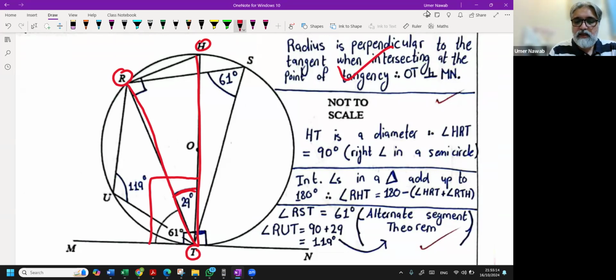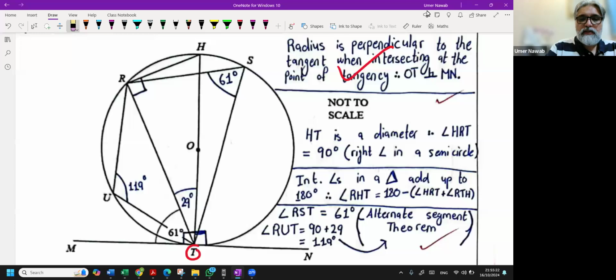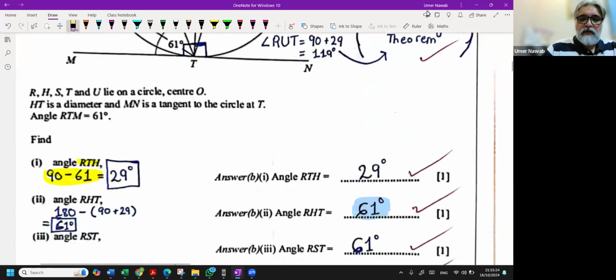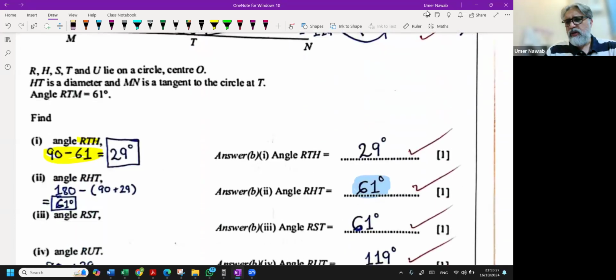So the total is 90. From the 90, I subtracted 61 and that gives me 29. So easy peasy, we got this angle. It has 1 mark, no need to write the property, but for your convenience, you can write the property there. But if it has 2 marks, you have to show the working over there along with the property.